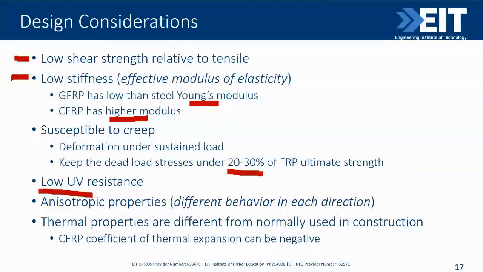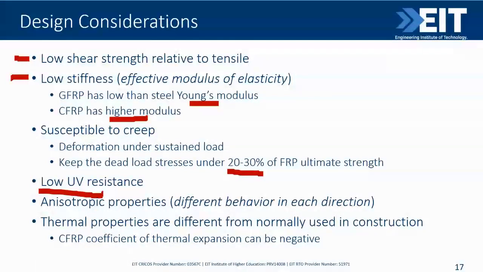We have mentioned low UV resistance, which has to be considered. We have mentioned anisotropic properties, which can be beneficial. And the thermal properties in this spec are important, and they're different from normally used in construction and structural engineering because the CFRP coefficient of thermal expansion can become negative with the higher volume content of fibers.